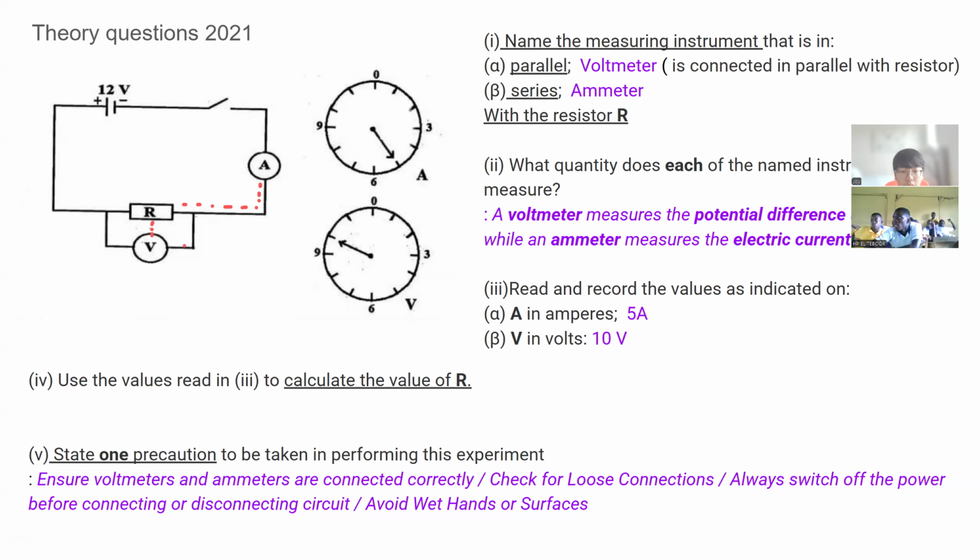You can see the resistor is across the voltmeter, so the voltmeter is always parallel to the resistor.